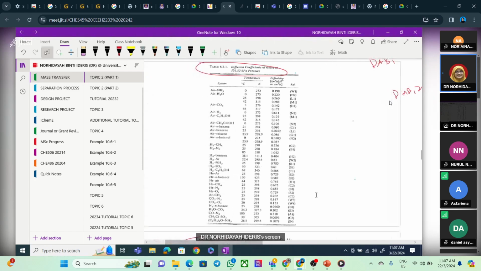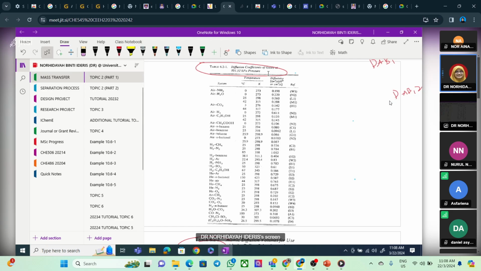It might be a different table, maybe another table.